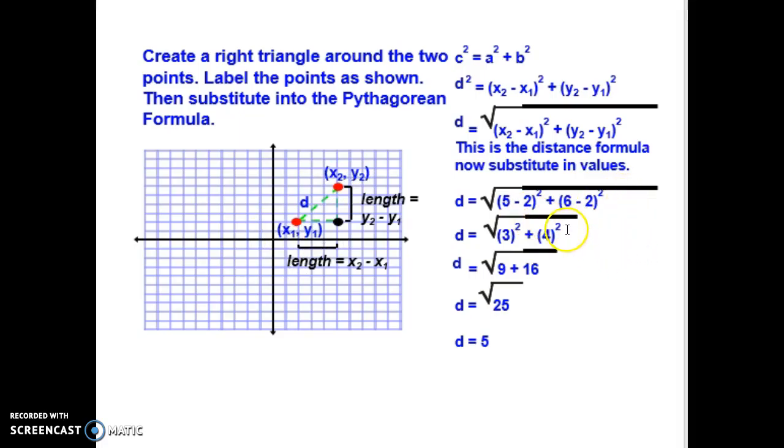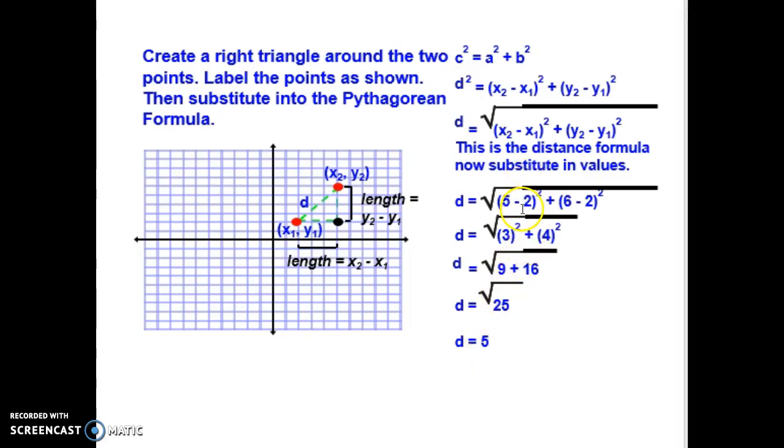Now again, we use that square root sign because distance can only be positive. So that square root sign is also another way to make sure that our answer is positive, because we can't square a negative. That would be an imaginary number, and that's why we use that square root sign also. So we figure out the distance is only 5.